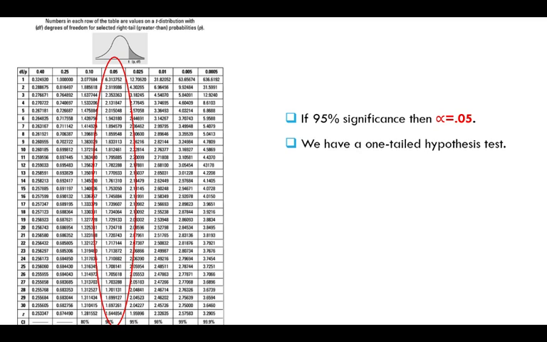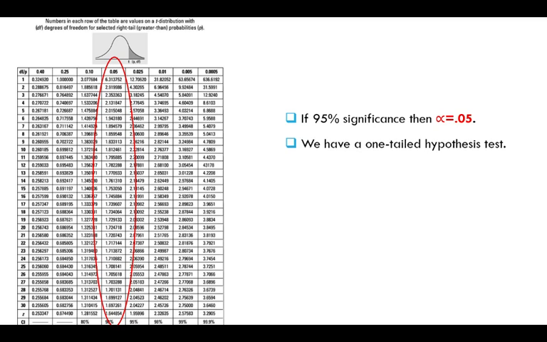Quick reminder, how did I get my t-critical? Notice here that this is a one-tailed t-table, and we're doing a one-tailed t-test. So all I have to do, if I want to be 95% confident, then my 95% significance level has an alpha of 0.05. I go to the table, look in that column.